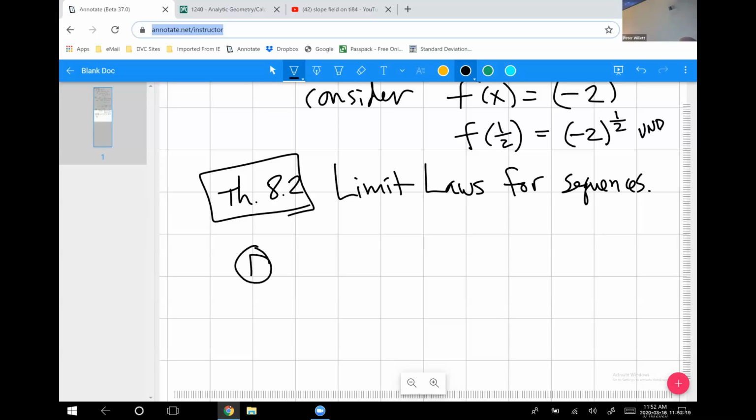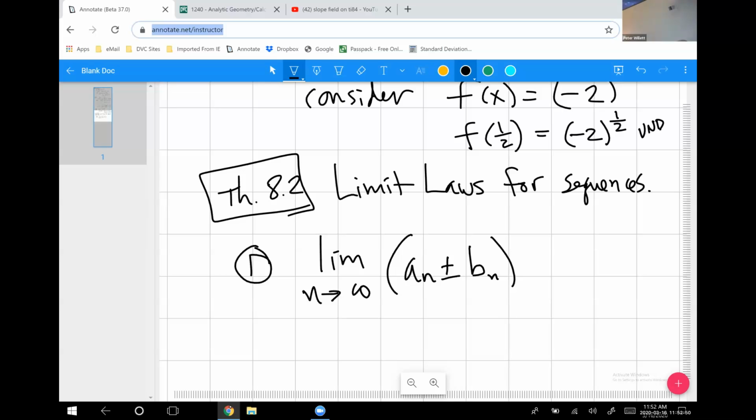So the first one states that the limit as n goes to infinity of a sub n plus or minus b sub n. So we had a limit law back in chapter 2 that said the limit of a sum was the sum of the limits, meaning the limit of f plus g, meaning functions, could be calculated by doing the limit of f plus the limit of g.